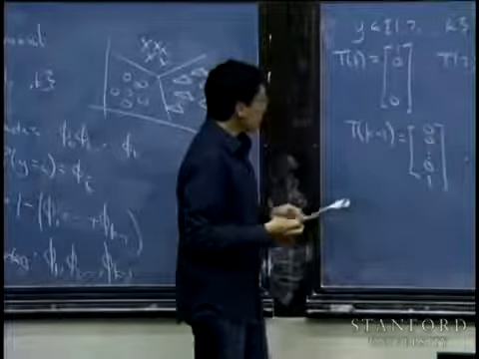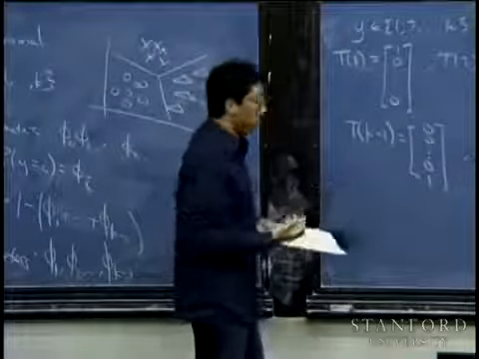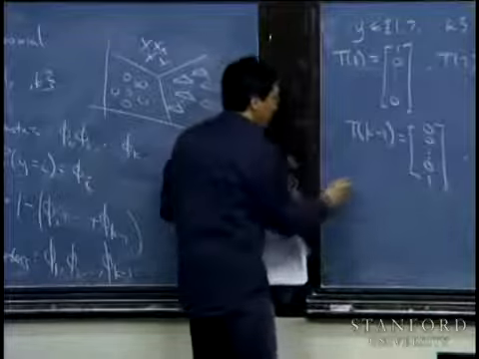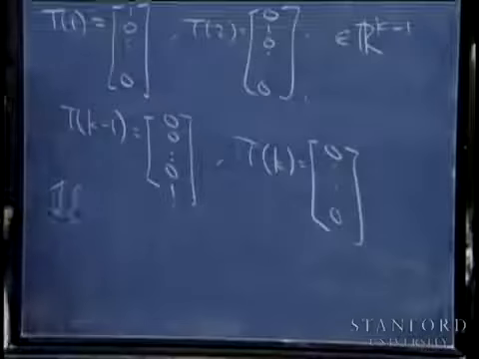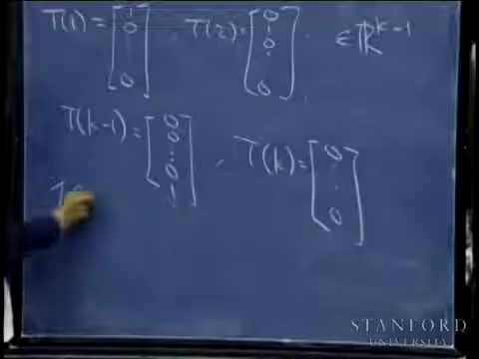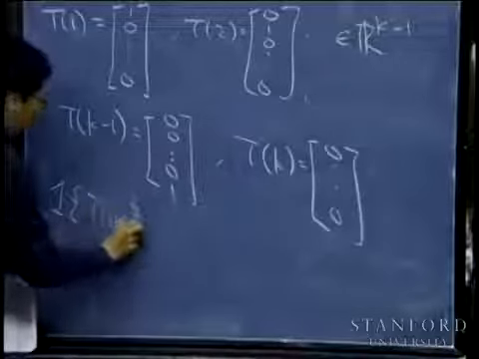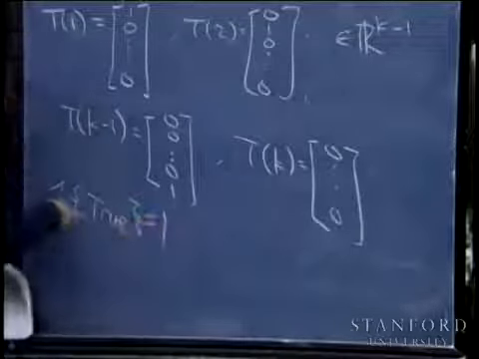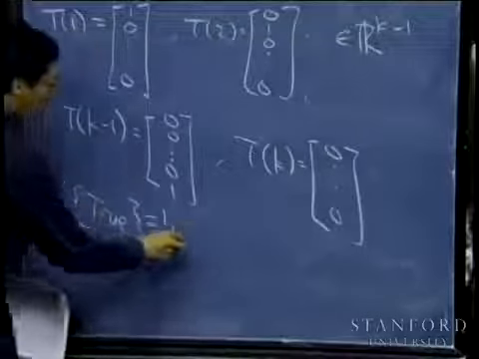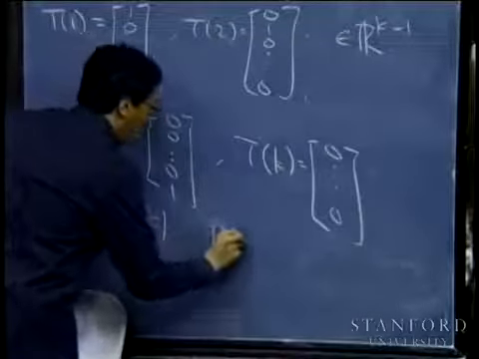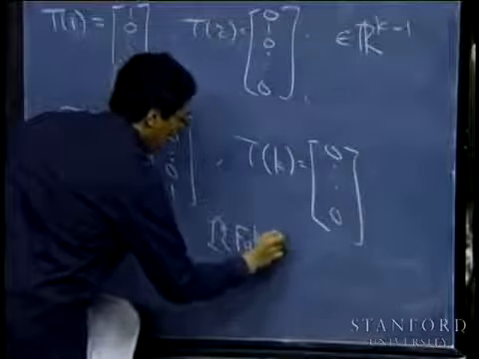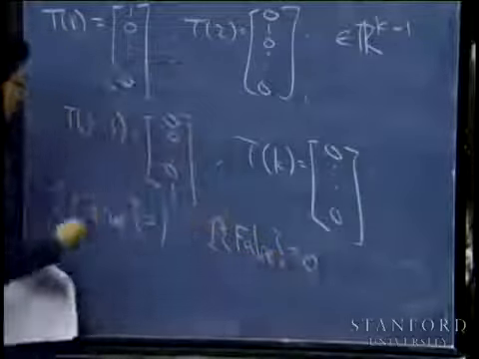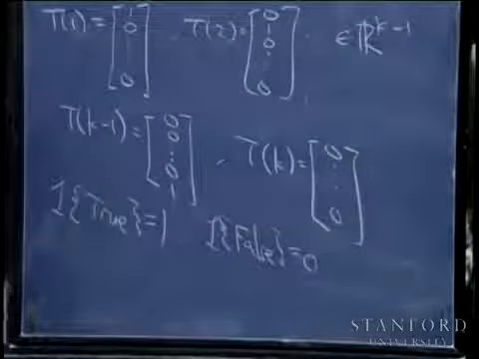So this is a good point to introduce one more useful piece of notation, which is called indicator function notation. So I'm going to write 1 and then curly braces. And if I write a true statement inside, then the indicator of that statement is going to be 1. And if I write 1 and then I write a false statement inside, then the value of this indicator function is going to be a 0.